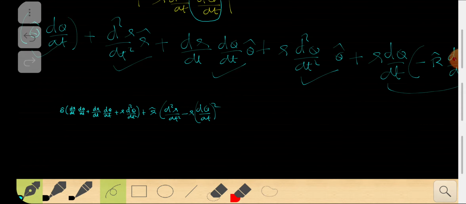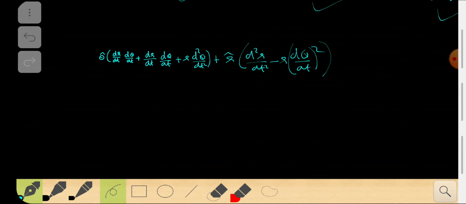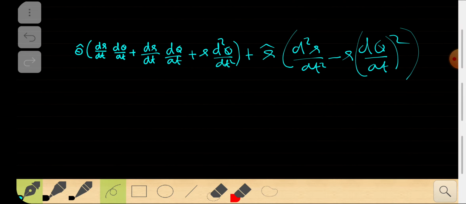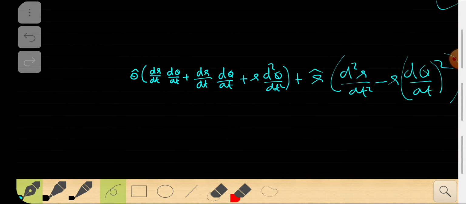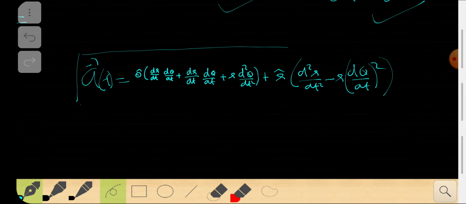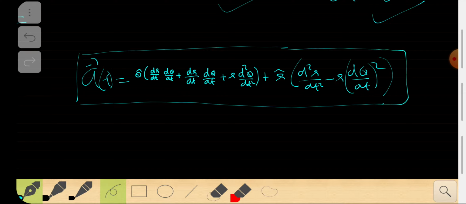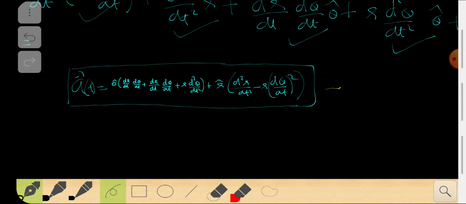So that's the whole thing. Now this is called the acceleration, the acceleration vector a of t. Let's put it in a box and call this equation 4. Now we got the acceleration vector.